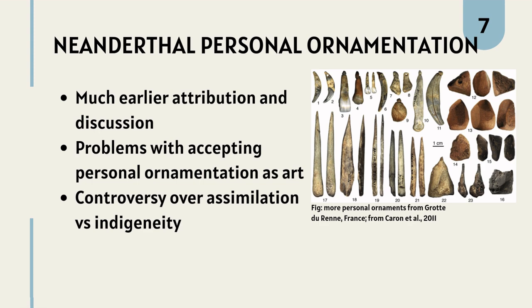Examples of modified eagle talons show they were purposefully cut from birds of prey to be used for ornamentation, as well as examples of cut-marked bird wing bones showing evidence for feather extraction, also for personal decoration. With this evidence, we are moving towards a Neanderthal-specific art culture.